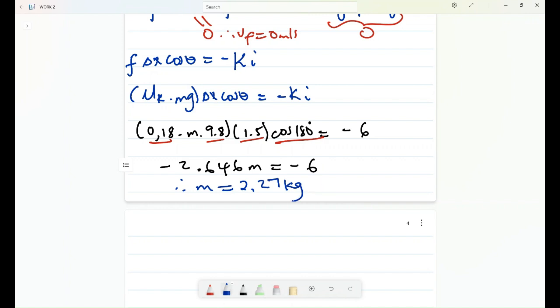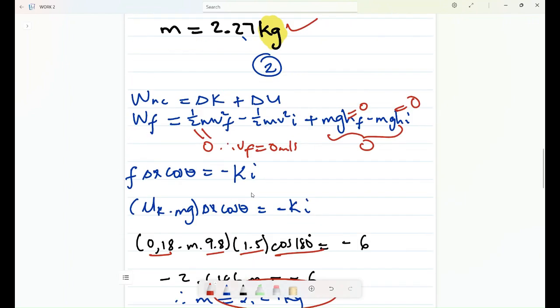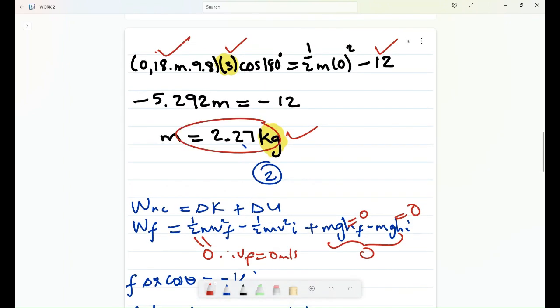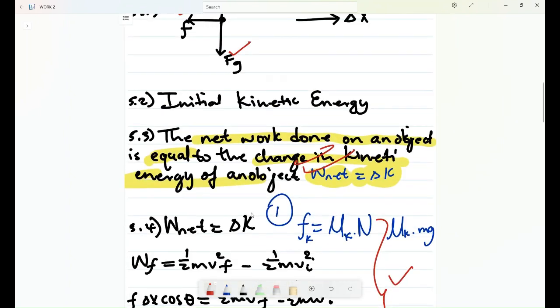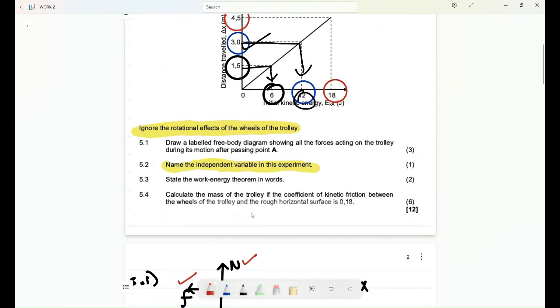Remember, in physics we use kilograms; in chemistry, we use grams. Now look, here I got my mass as 2.27, and in the earlier method I also got my mass as 2.27. So whichever method you use and whichever data values, as long as they correspond, it is going to give you the correct answer.